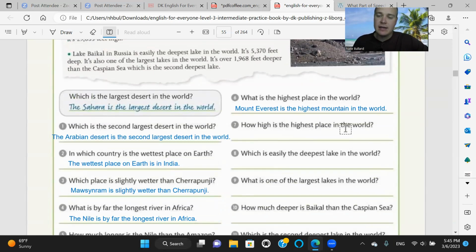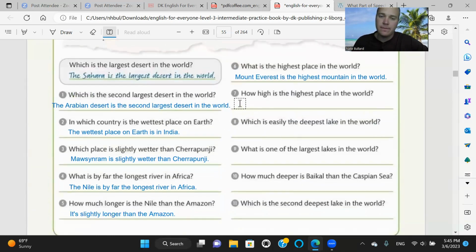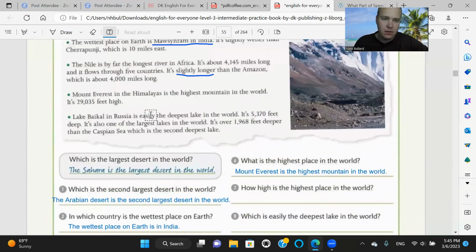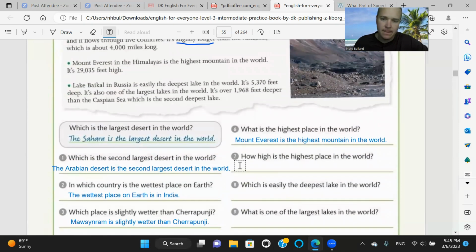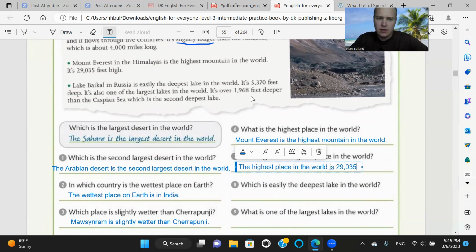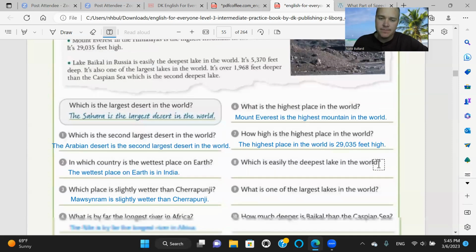How high is the highest place in the world? All right, the highest place in the world is 29,035 feet high.